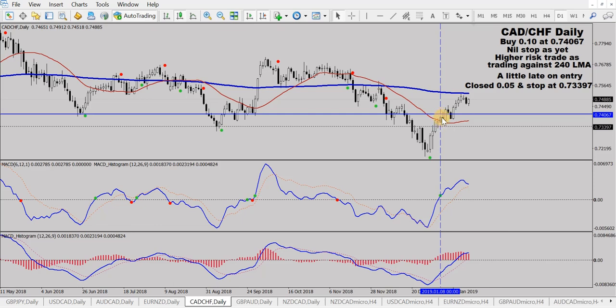Once that cross here on the fast MACD is confirmed, I need at least 2 of the other 3 to confirm the trade. So in this case, we had 3 from 3. Price closed above the 25 SMA. QMP filter was already green, and the standard MACD was already in buy mode. So that's 4 out of 4. Take the buy trade.